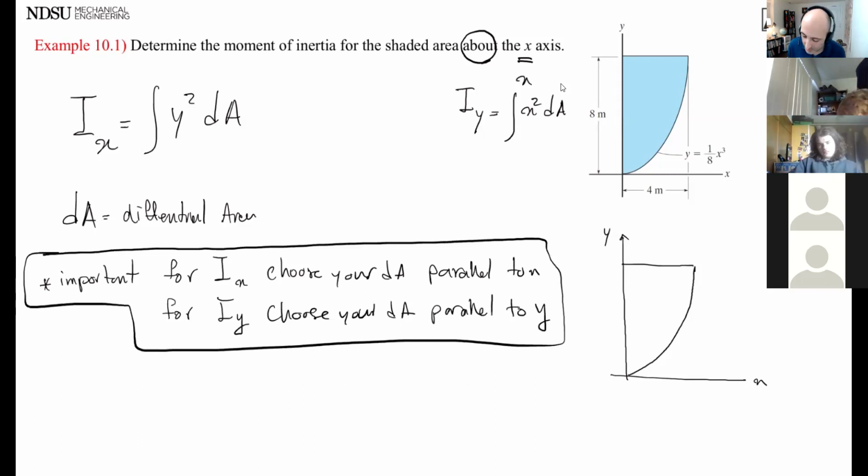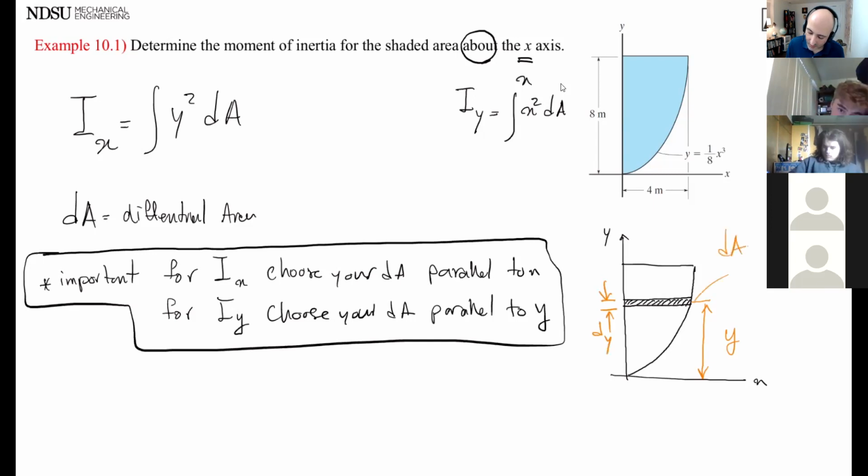So for this problem, I'm going to choose my area parallel to the x-axis, a little tiny sliver of area. It could have been y tilde over 2, but in this case it doesn't really matter. It's the centroid of the area to the x-axis, and this length here is dy.